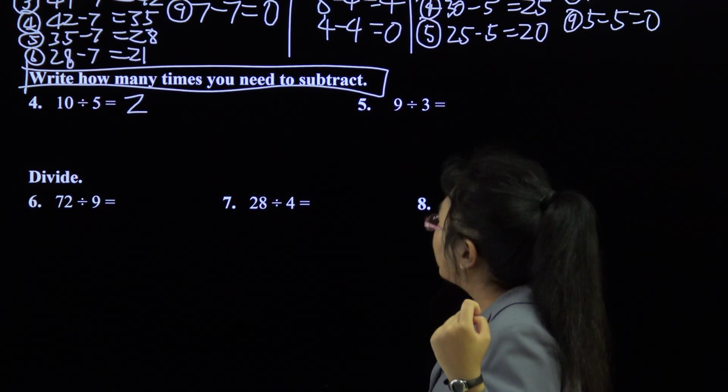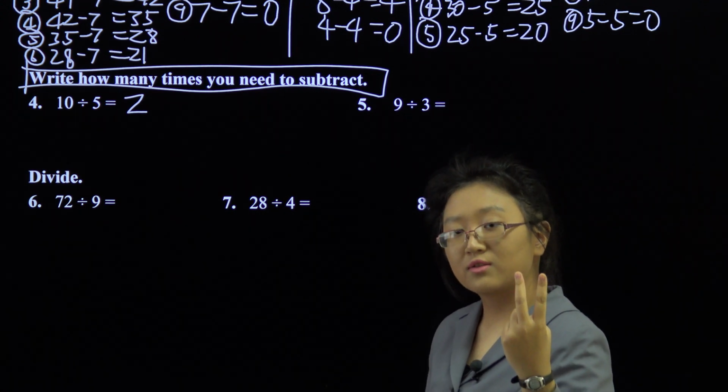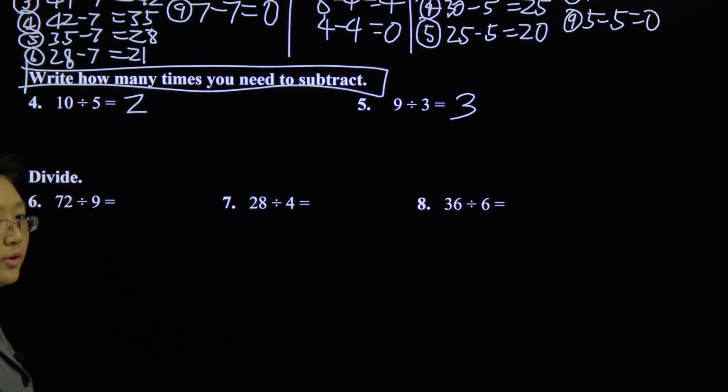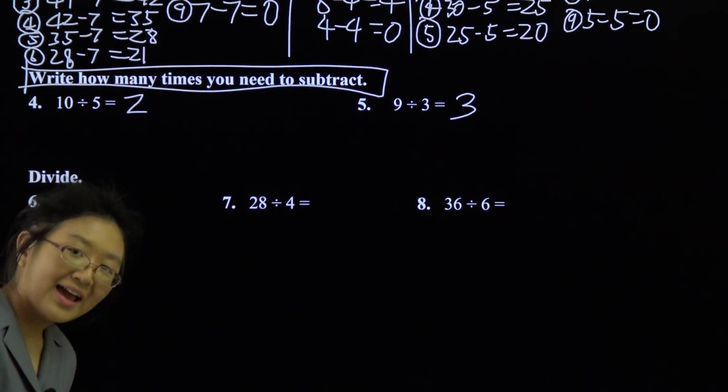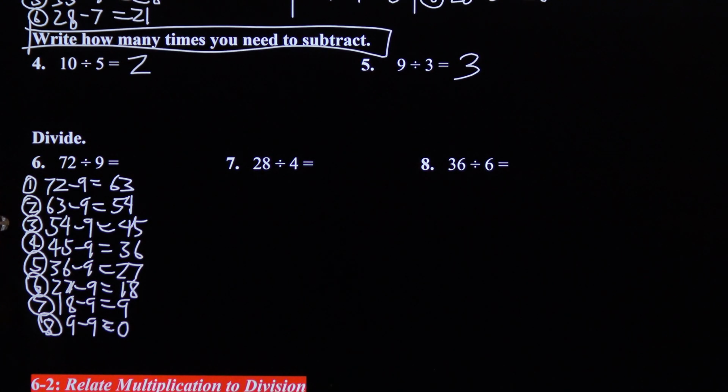9 divided by 3: 9 minus 3 is 6, 6 minus 3 is 3, 3 minus 3 is 0. 3 times. 72 divided by 9, this is going to take a while, guys. Well, here you go. 8 times.